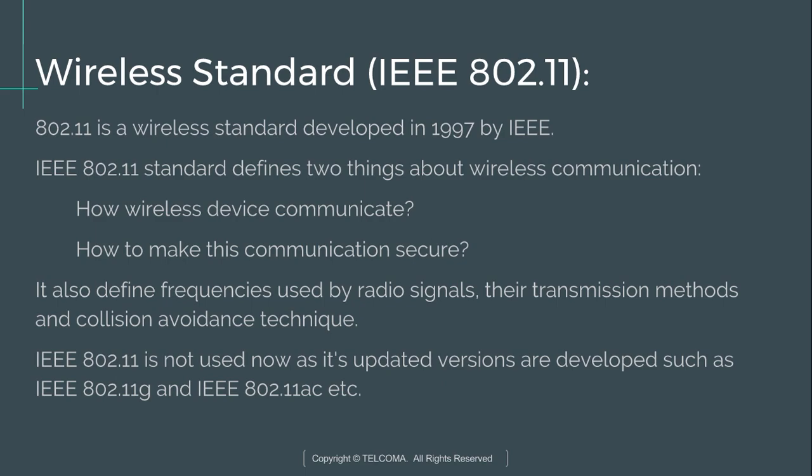It also defines the frequencies used by the radio signals, their transmission methods and the collision avoidance technique, which we discuss in the next slides. IEEE 802.11 itself is not used now because its latest versions are used, like IEEE 802.11g and IEEE 802.11ac.